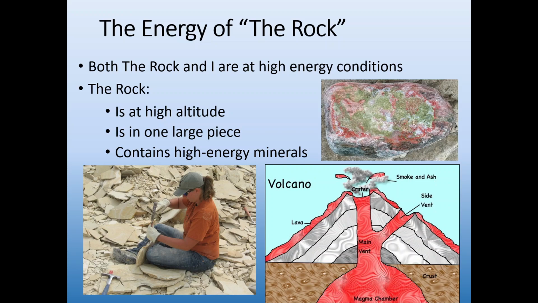That's fine, those minerals are created in that situation, but as soon as it's erupted out of the volcano, those minerals start to decay because they're no longer in that high energy, high pressure situation. And they go from this, in this case, green mineral, and they decay towards this red mineral. So the rock I have has a bunch of high energy minerals that are going to proceed towards low energy minerals. They're going to decay over time.